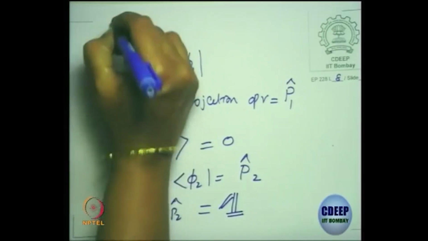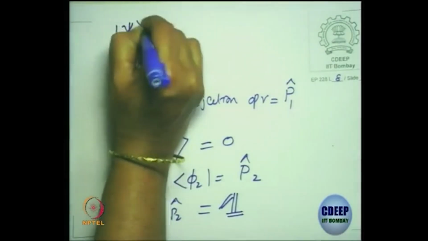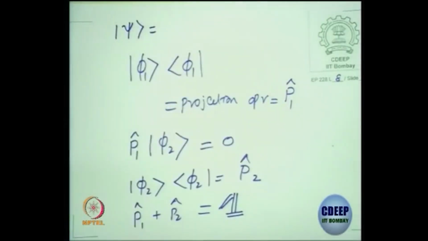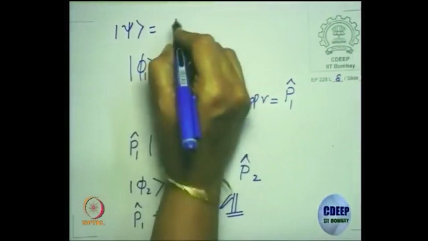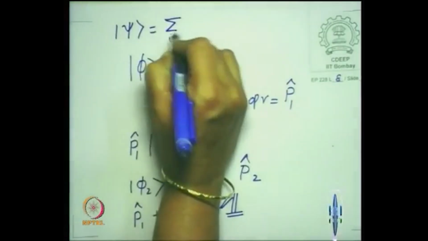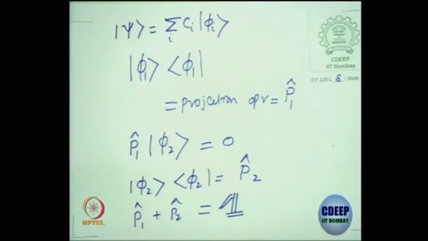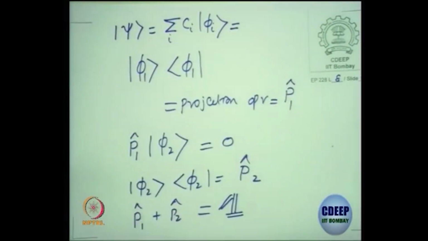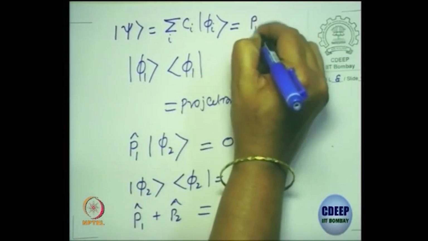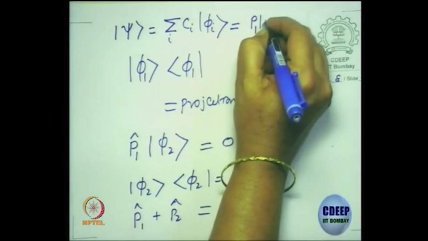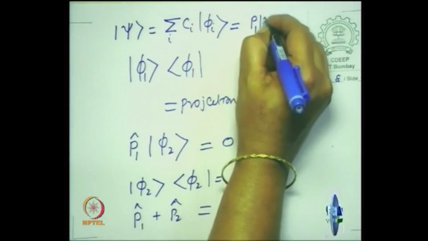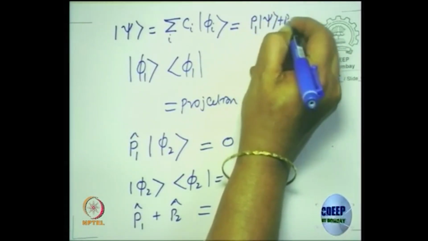So, whenever I write an arbitrary state psi, I could write this as I said, as some C i times phi i. I could also write it as projection operator P1 psi plus P2 psi.